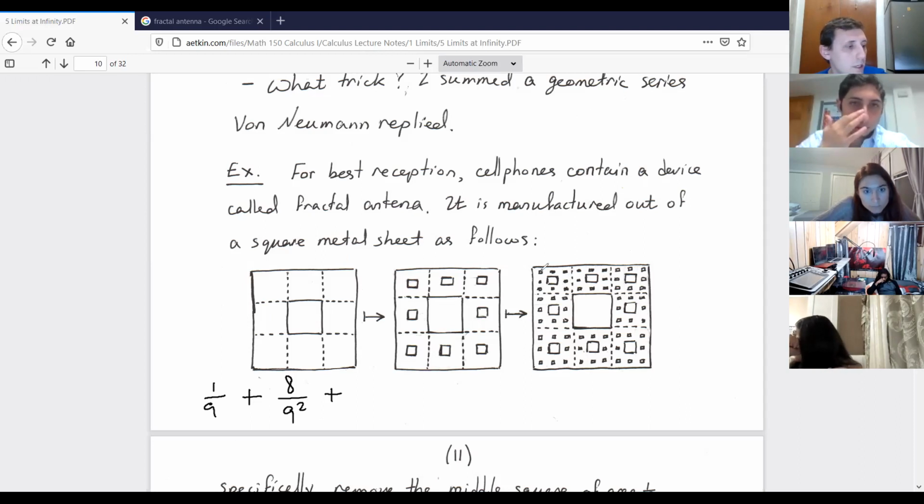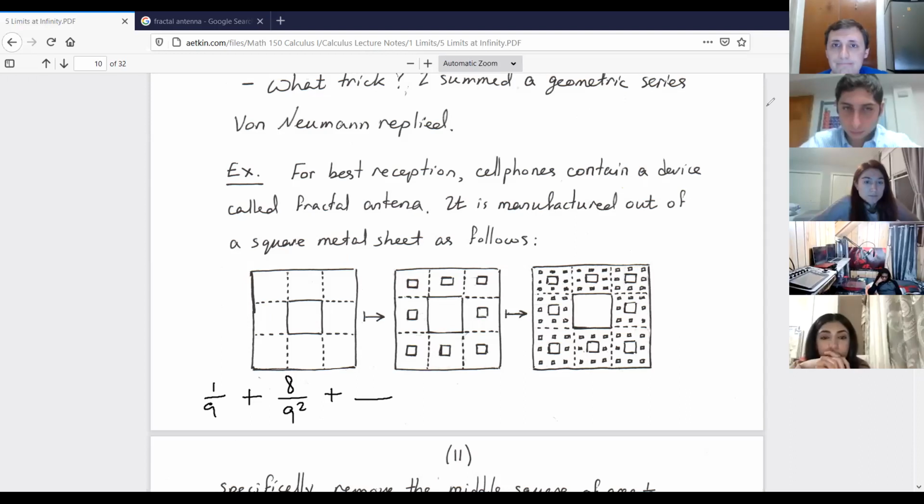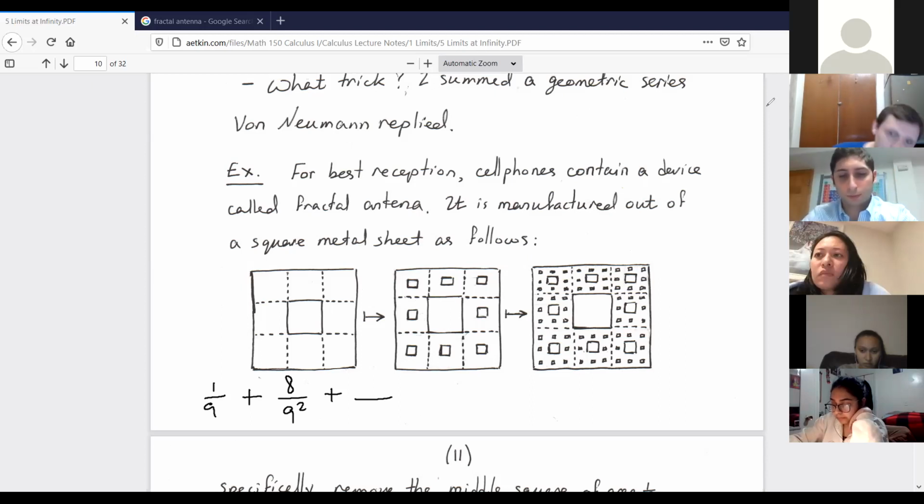And what's the area of this really, really tiny square? Exactly. 1 over 9 cubed.